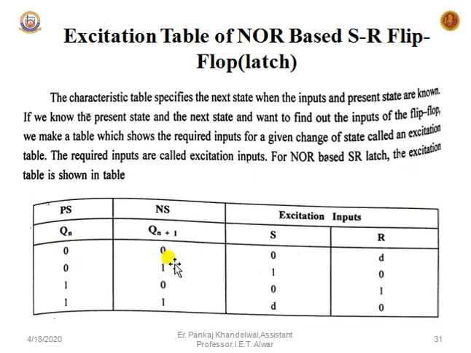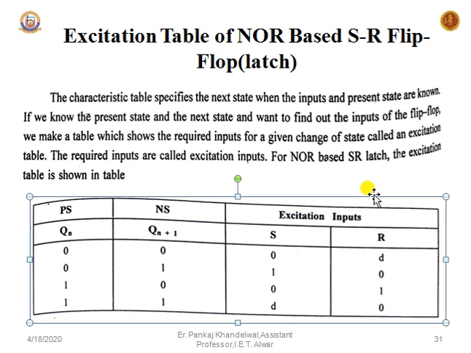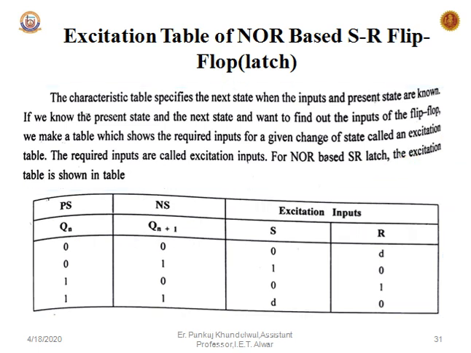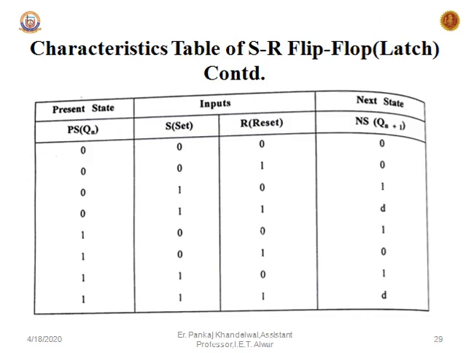When the present state and the next state are 0, these are the two inputs, so we can write from 0 to 0. When present and next states are 0, if we go to the slide of the characteristic table, we can compare the first row and the second row, where the present state and next state are 0.